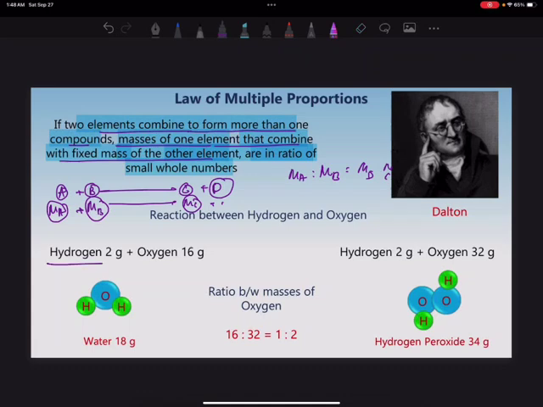For example, hydrogen 2 gram and oxygen 16 gram. Here it is in the ratio of 16:32.